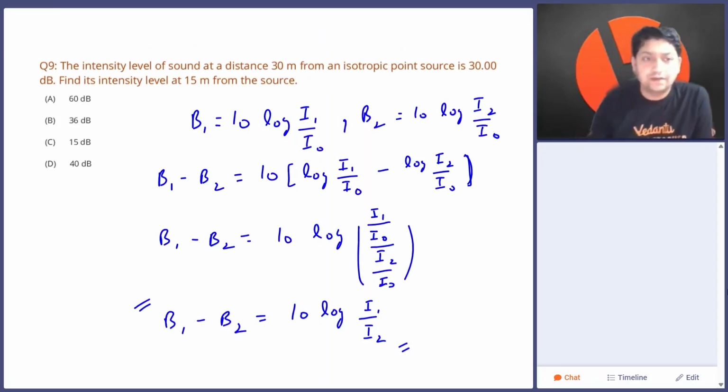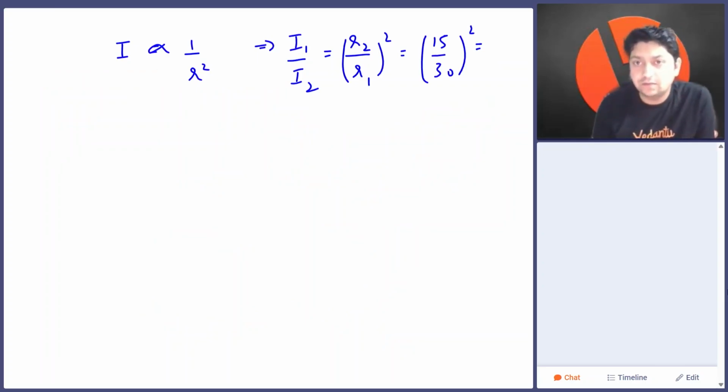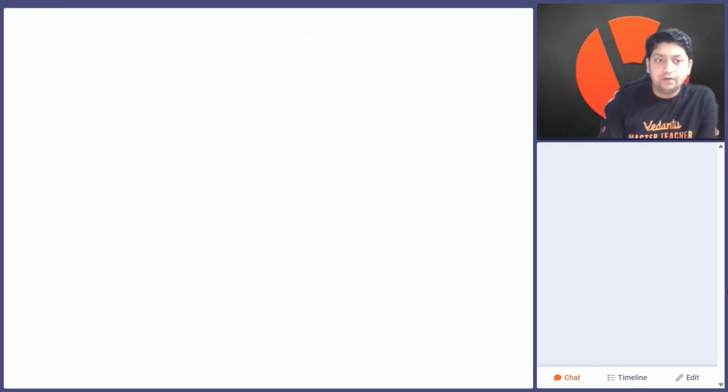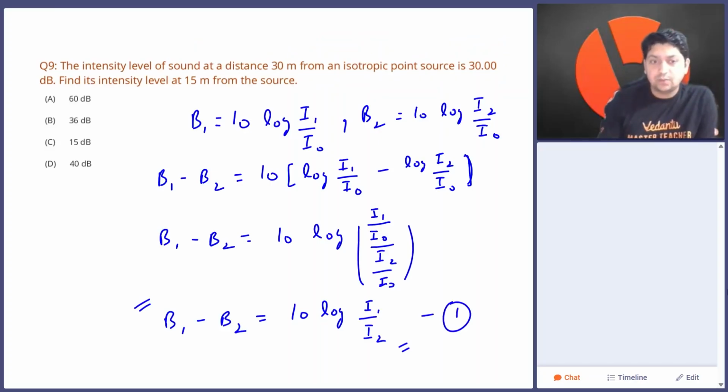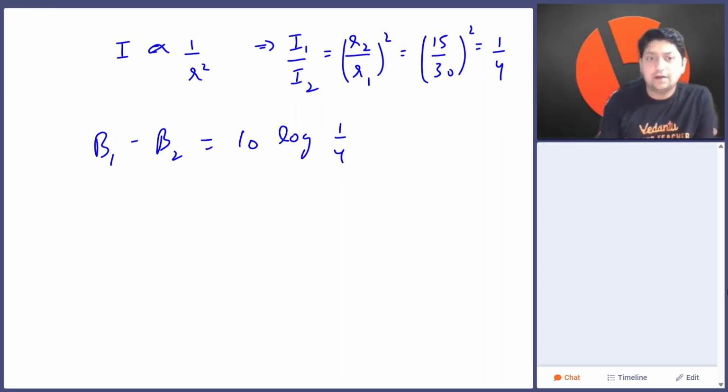Second distance was 15 meter, right? So R2 was 15 and R1 was 30. By doing square we get it as 1:4. So we can put this value of I1 by I2 in the equation number 1, which is b1 minus b2 equal to 10 log 1 by 4.